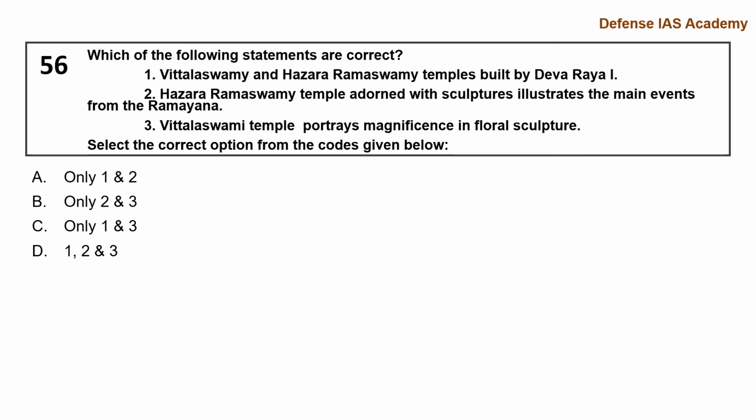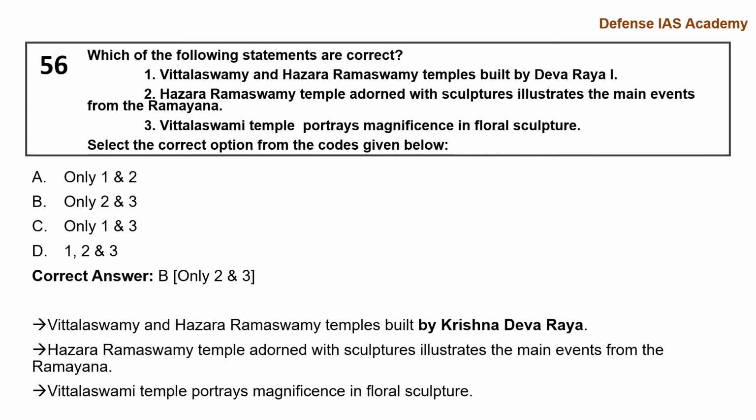Select the correct option from the codes given below. The correct answer is option B. Only 2 and 3 are correct. Vithalaswamy and Hazara Ramaswamy temples were built by Krishna Deva Raya, not Devaraya I. It is Krishna Deva Raya.